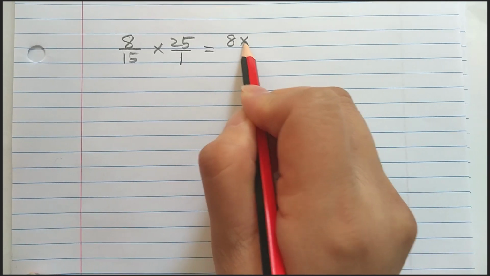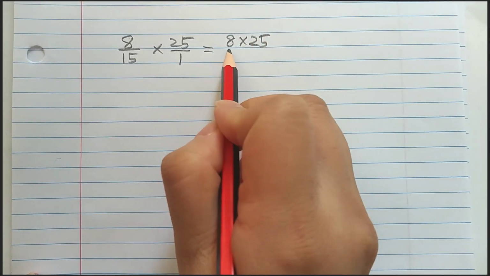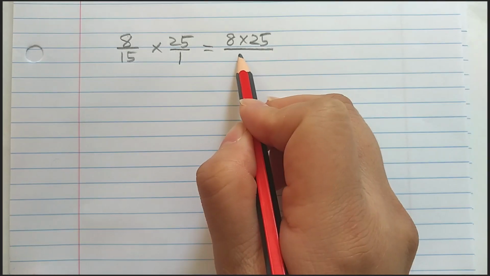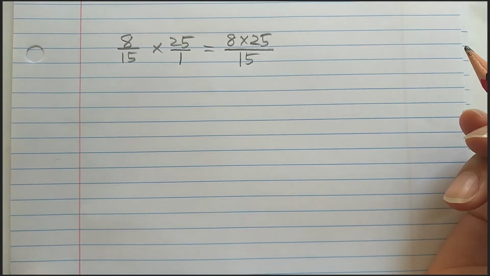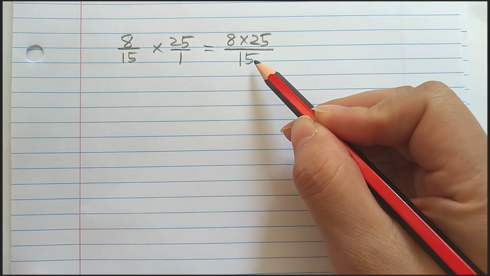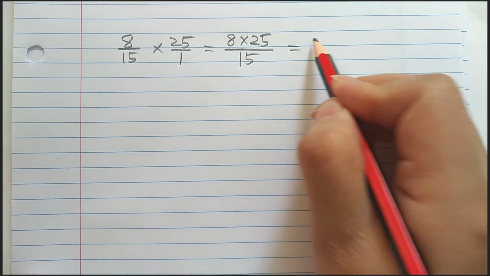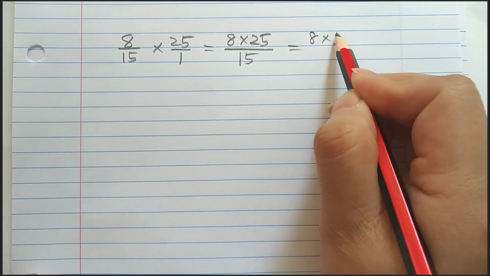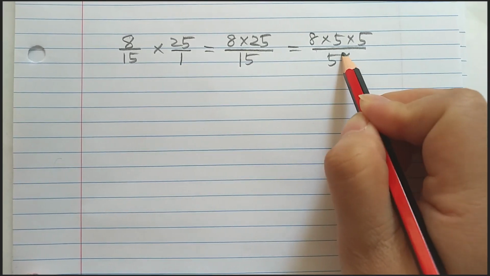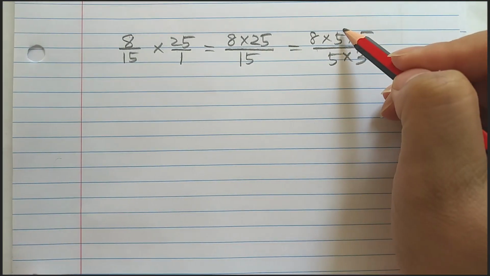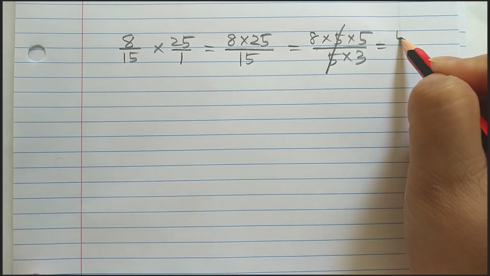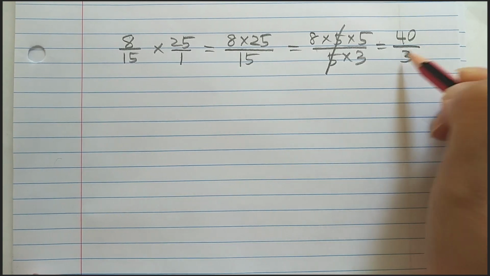So 8 times 25 over 1 for the denominator, so we'll just have 15. 5 is a common factor of 15 and 25, so we'll do 8 times 5 times 5 over 5 times 3. 5 over 5 is 1, so it is 40 over 3.